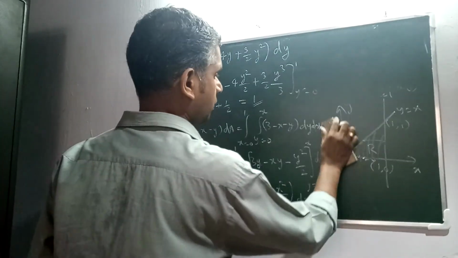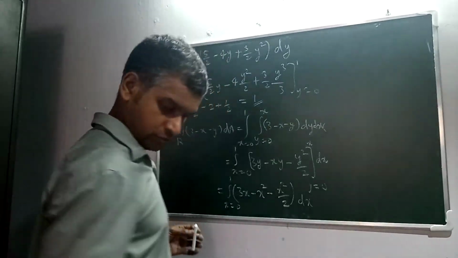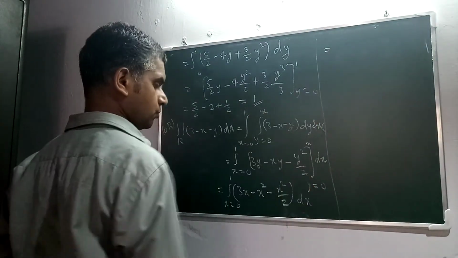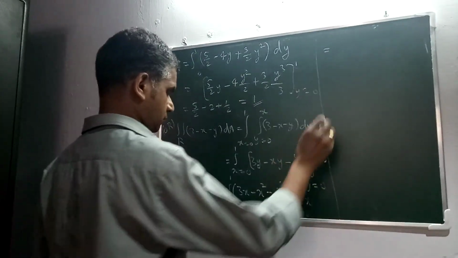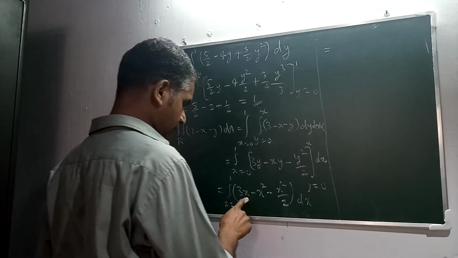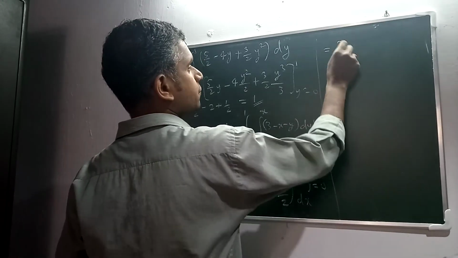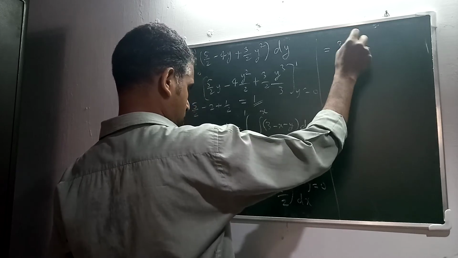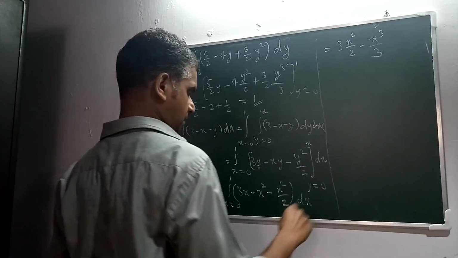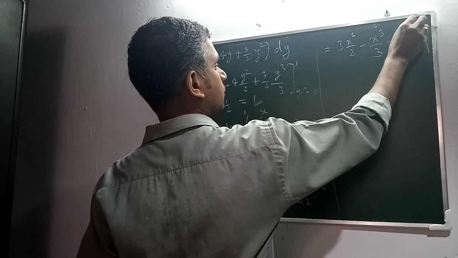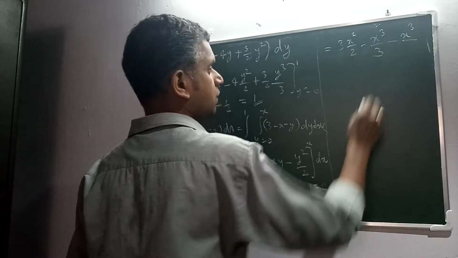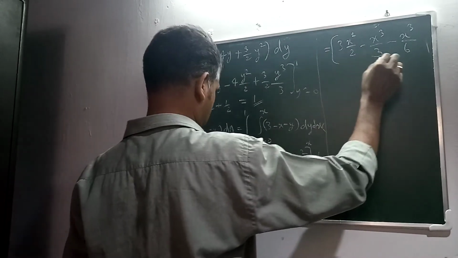So what is going to be the answer? So let me do it on the other side. So this is equal to, now I have to integrate with respect to x. So 3 into x square by 2 minus x cube by 3 minus x cube divided by 6 between 0 to 1.